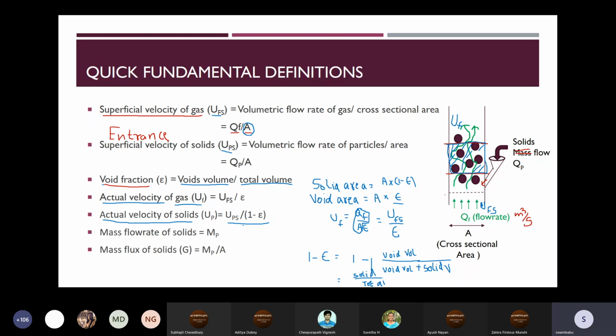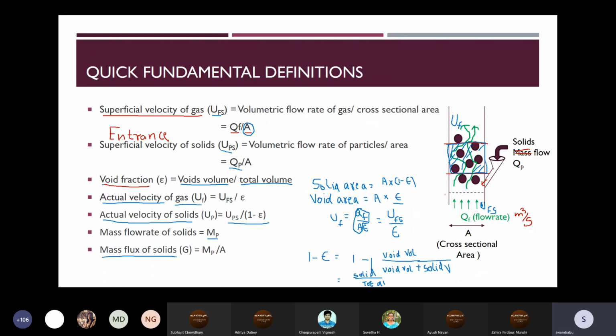Then we have the mass flow rate of the solids, which is Ms. We can calculate the volumetric flow rate QP, and if I multiply it with density, I get the mass flow rate. Next is an important quantity called mass flux.